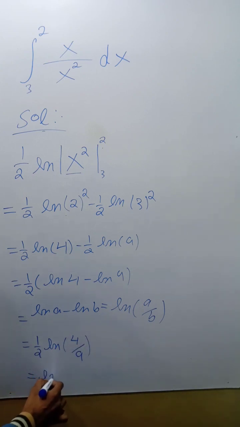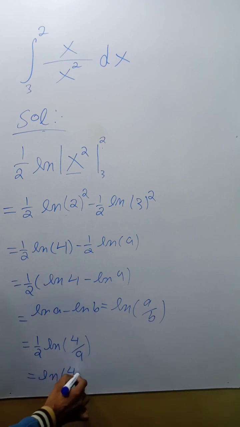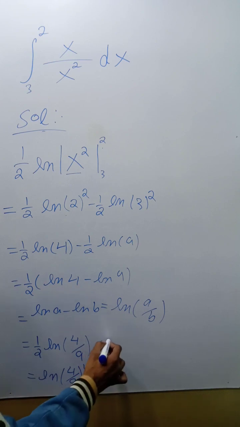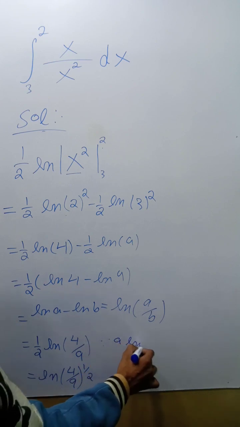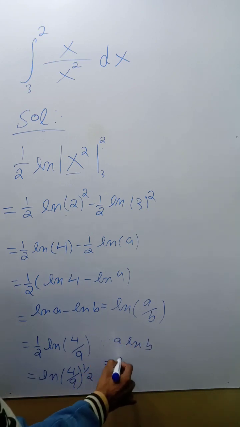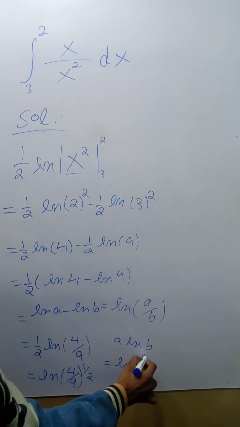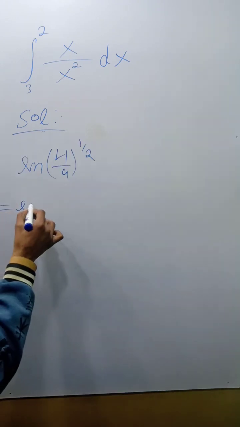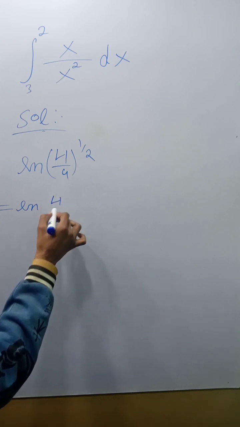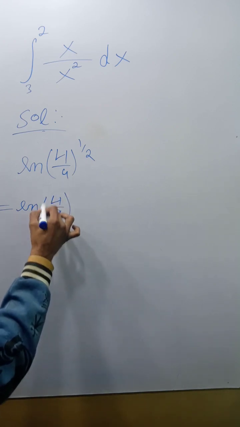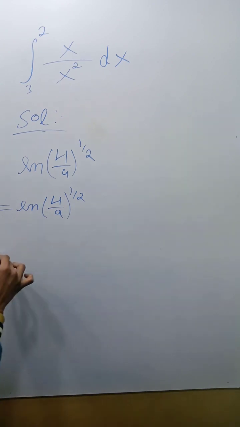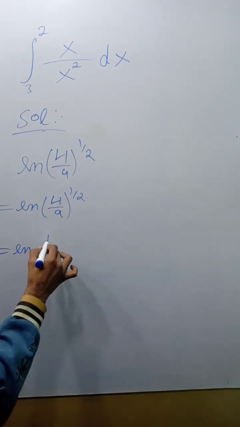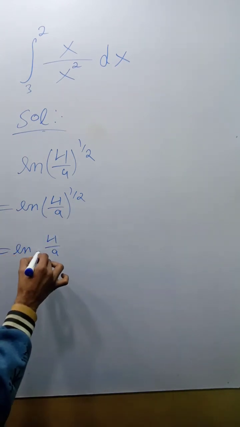Now natural log of 4 divided by 9, times 1 by 2. As a natural log b is equal to natural log b power a, natural log 4 by 9 to the power 1 by 2 is equal to natural log of the square root of 4 by 9.